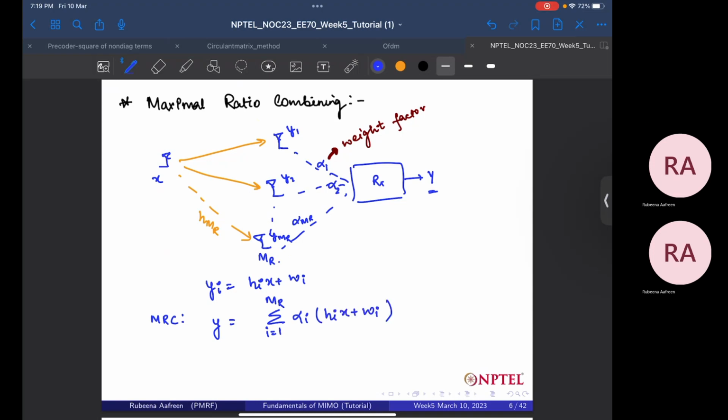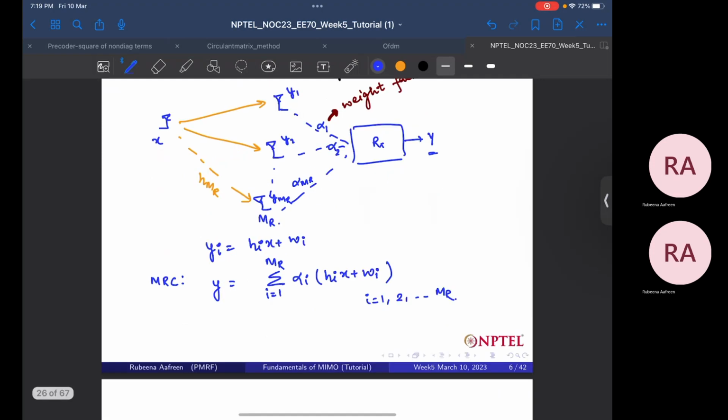All the received signals from the ith antenna, we take and multiply with the respective weight factor, and then we sum all of them. Here also i will range from 1 up to MR.